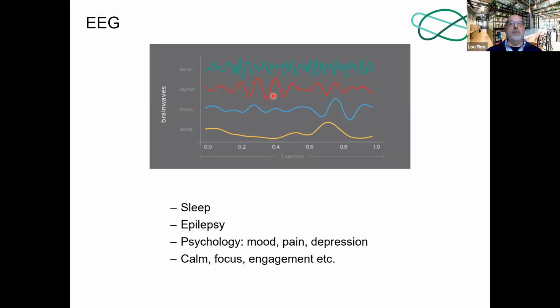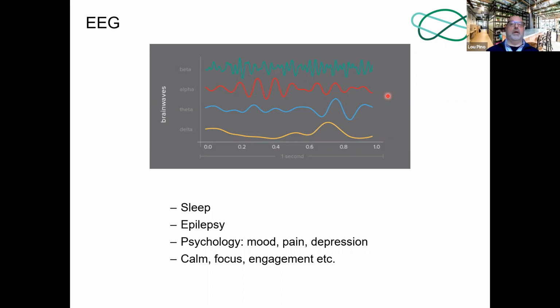The alpha wave is the strongest during relaxation, and it also shows up in things like inhibition control. For example, if you're trying to do a free throw in basketball, your brain is trying to ignore distractions and allow you to focus on just one task.